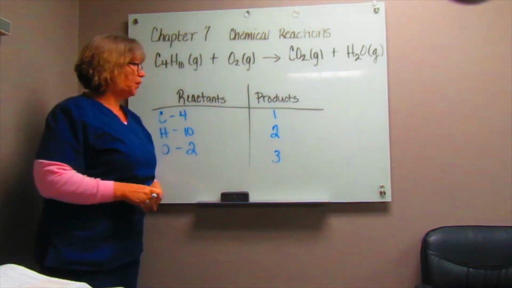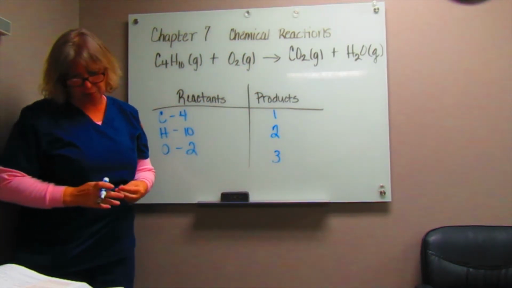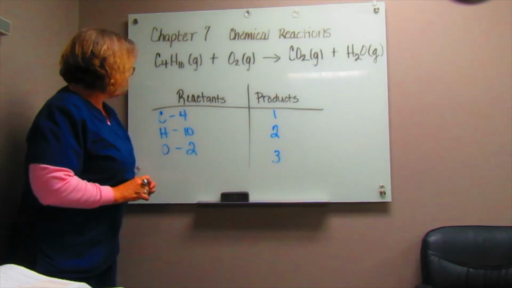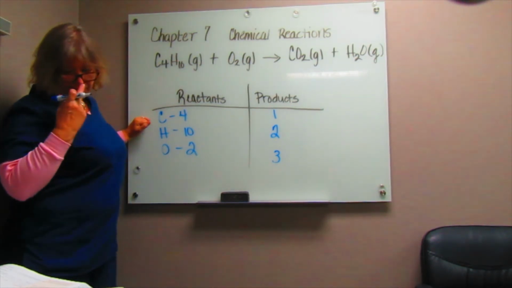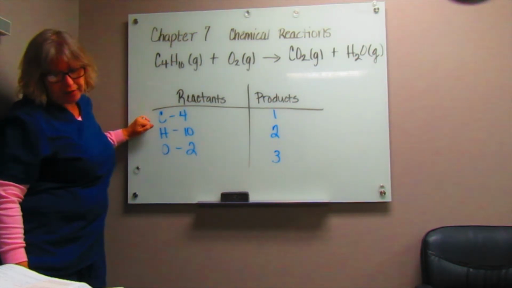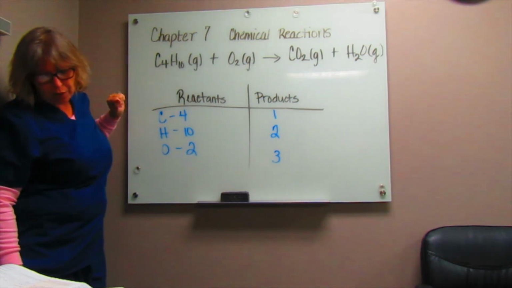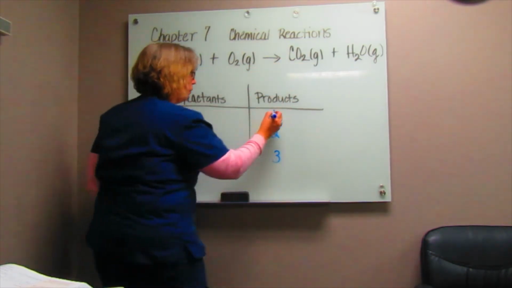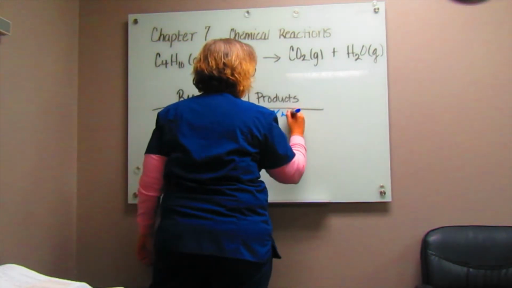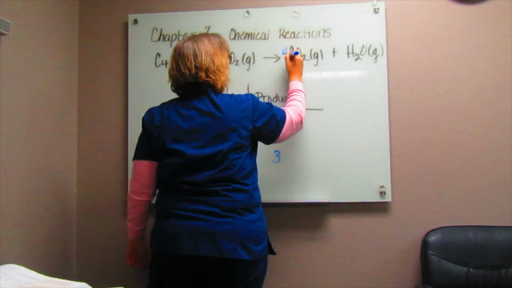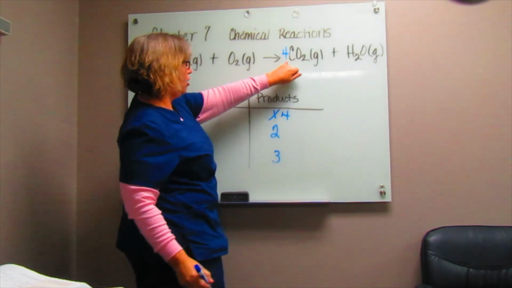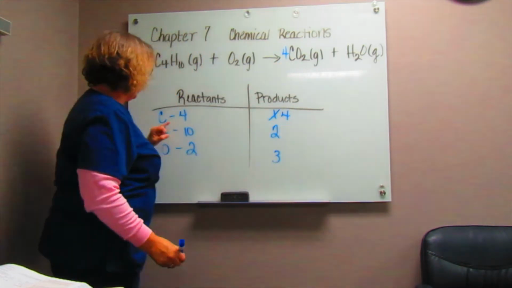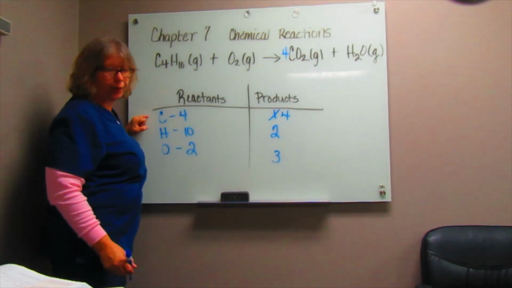Okay? So we need to balance this, and we're going to start with balancing our carbon atoms. So we're going to add a 4 coefficient here. So that changes this carbon to 4, and it matches this carbon here. Okay?